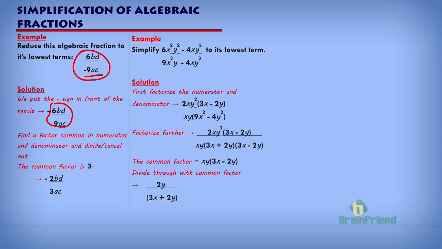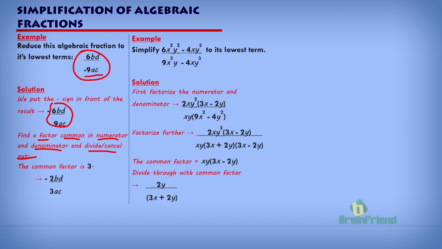Now that we've done that, we can go ahead to reduce our fraction. Next, we find a factor that is common to both the numerator and the denominator, and we divide or cancel out of our fraction to get a much more simplified fraction. Now let's take a look at our fraction. We have 6bd, 9ac.